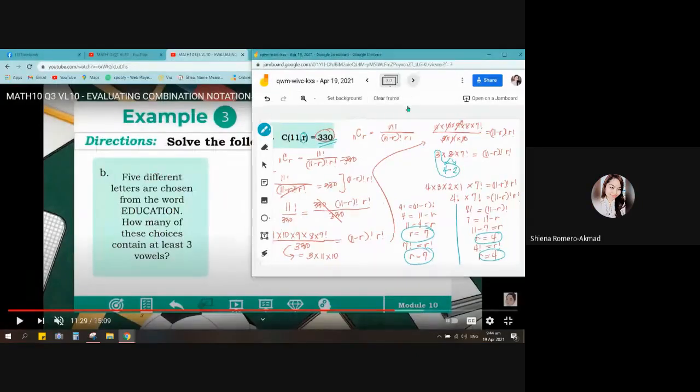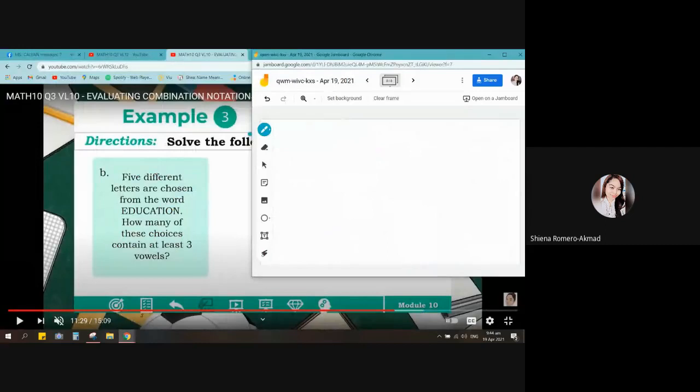So, ulitin ko ha. Yung vowels natin ay 5. Ang consonants natin ay, tama ba? 4? Pagkarinig ko. Yes po. So, we have at least 3 vowels.